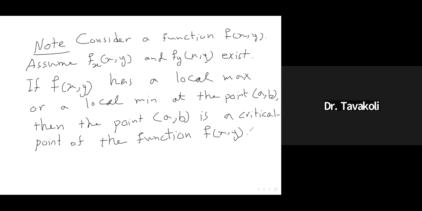But here it is more complicated. It's still called the second derivative test, but it's more complicated than the case of one variable in calculus 1. So I'll write down that second derivative test in the next slide, and then we'll do several examples.